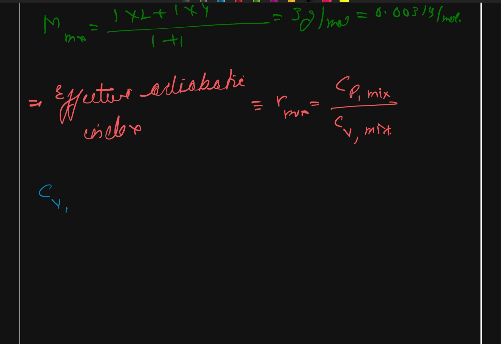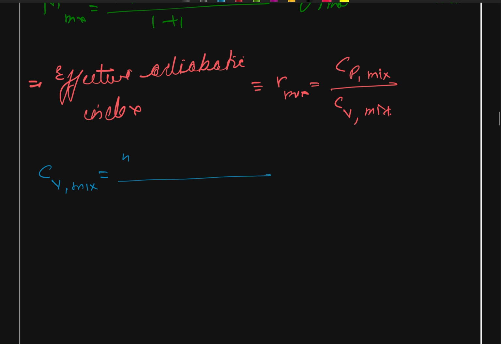Therefore C of V for the mixture will be equal to the number of moles of hydrogen times C of V for hydrogen, plus the number of moles of helium times C of V for helium, divided by their total moles.